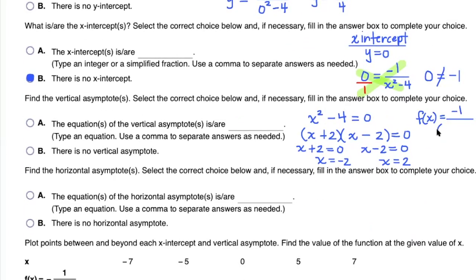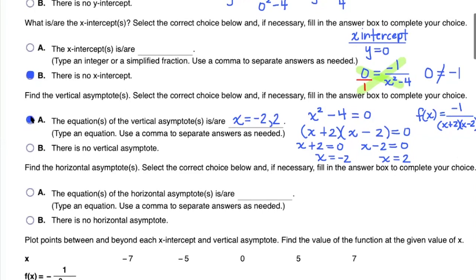I'm able to factor the bottom into x plus 2, x minus 2. Do I have a common factor? No, because neither of these factors in the bottom is the same as a factor in the numerator. Therefore, these are my equations for my vertical asymptotes.